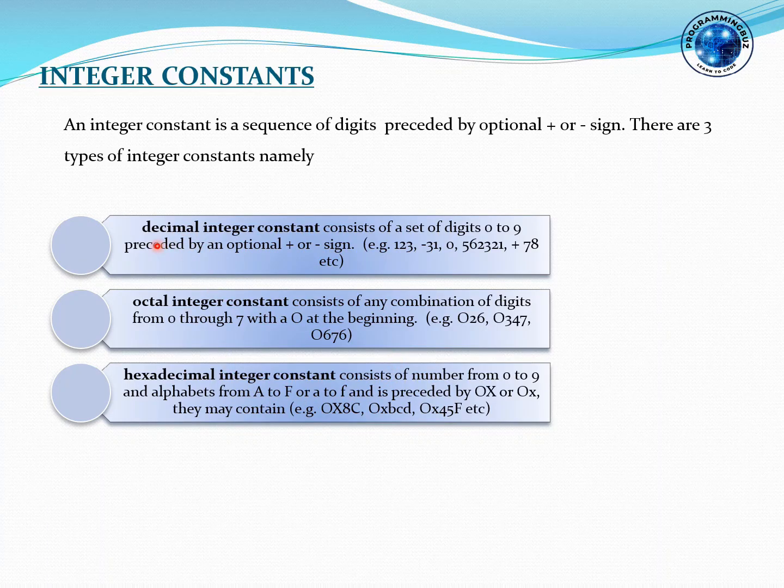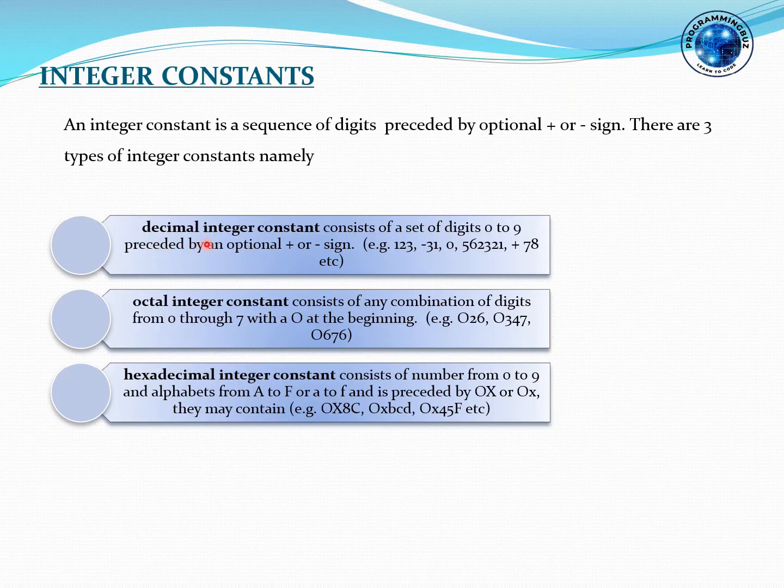The first, the decimal integer constant, follows the decimal number system, which contains the digits from 0 to 9. From childhood, in our day to day life, we are using the decimal number system.